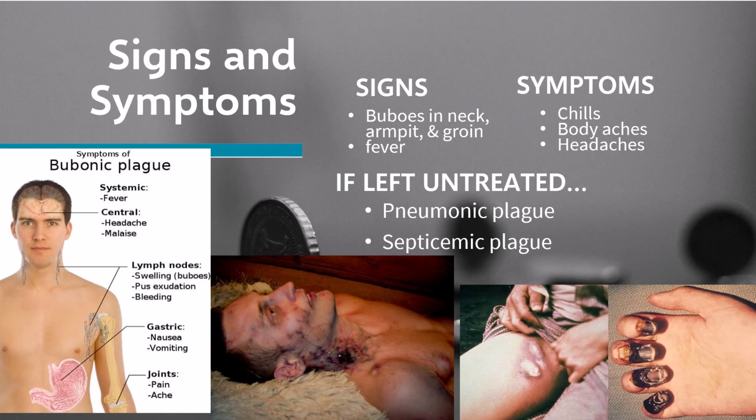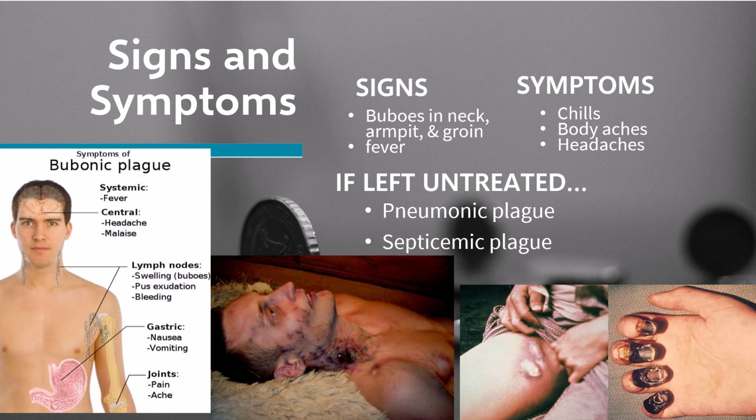They'll also have fevers, chills, body aches, joint aches, headaches, and if this is left untreated, it can turn into the pneumonic plague, which is when this bacteria makes its way to your lungs. This way, it can be spread from human to human through respiratory droplets.